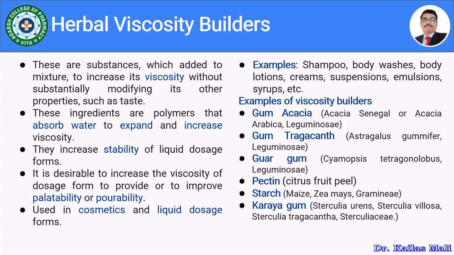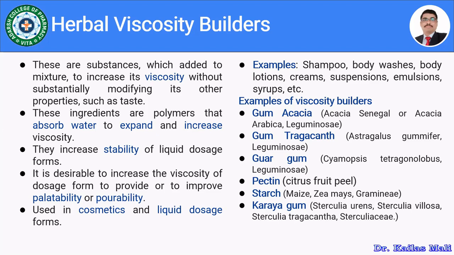Let us see certain examples of viscosity builders from herbal sources. The very first one is gum acacia. It is obtained from Acacia senegal or Acacia arabica belonging to family Leguminosae, and it acts as a viscosity builder in various formulations. It also modifies the texture of the formulation.